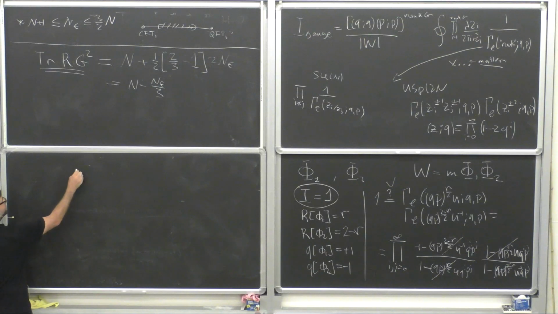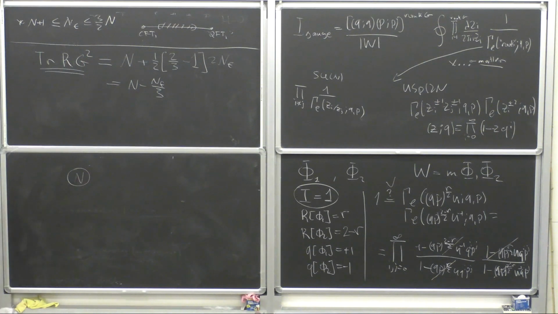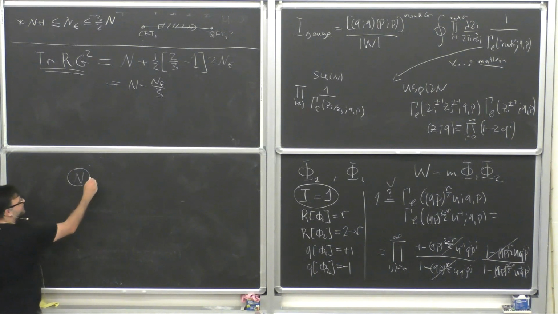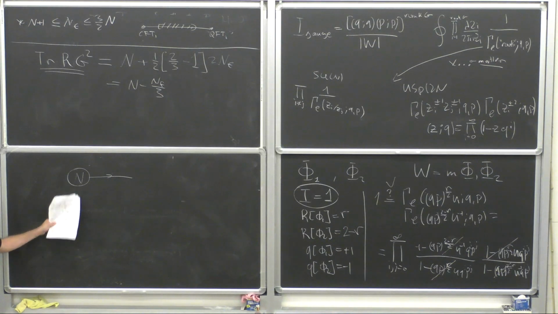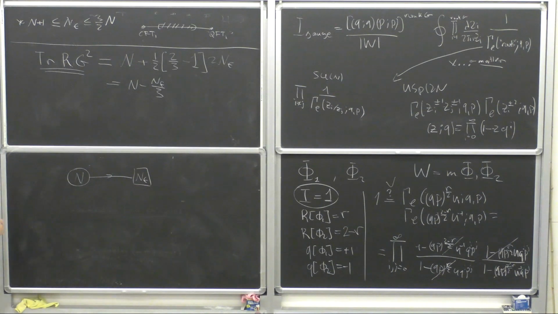So a way to graphically denote a theory, an SU(N) gauge theory with fundamental matter, is as follows. For each gauge group, we draw a circle. So for SU(N), we draw a circle, and we put the N inside. It just means that we have an SU(N) gauge theory. Then fundamental matter will be denoted by arrows which go outside of the circle. We have NF such things. So NF is not a gauge symmetry. We will have an SU(NF) global symmetry.